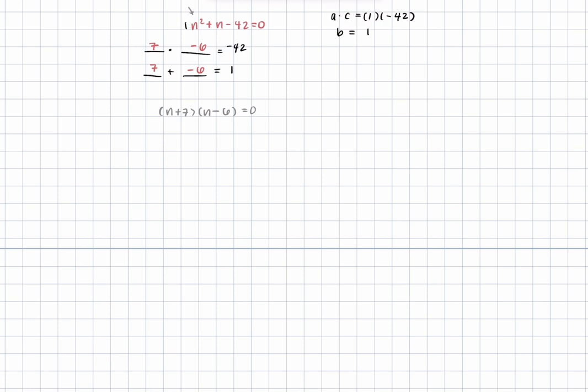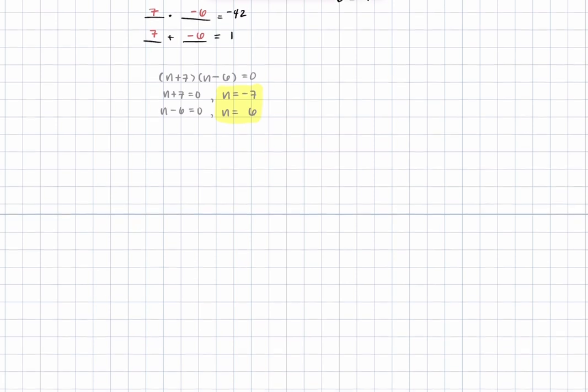We would get n plus 7 equals 0, and then n minus 6 equals 0. So in this case, subtract 7 on both sides, and we get n equals -7, and here n equals +6. So these are our two solutions.